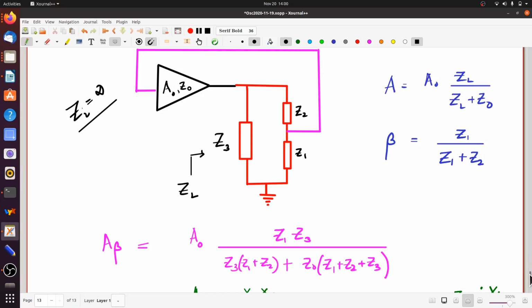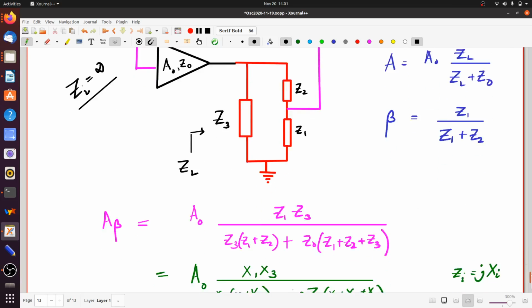Now, let us just assume for simplicity that the three impedances that I connect to make up my frequency determining network or tuned network are all pure reactances, that is either inductances or capacitances. So Z1, Z2, Z3 are all purely imaginary. They are jX1, jX2, jX3 respectively.